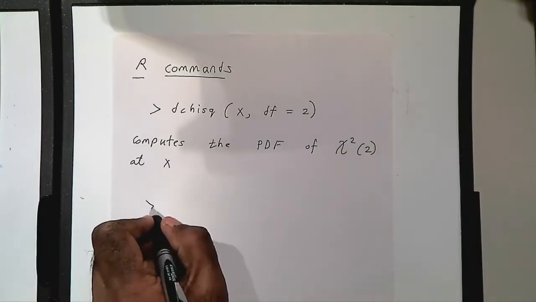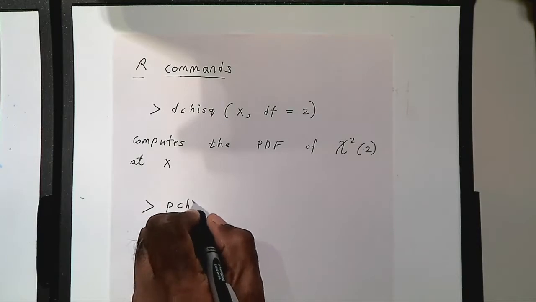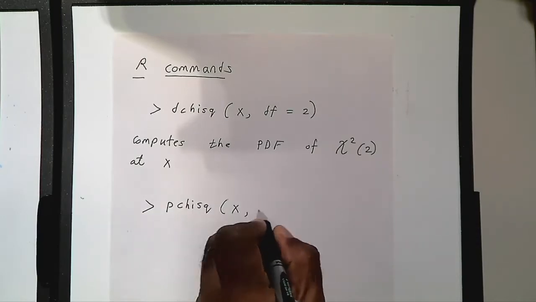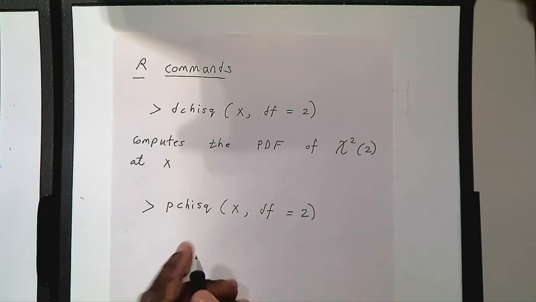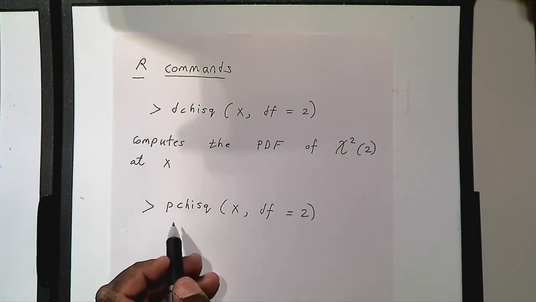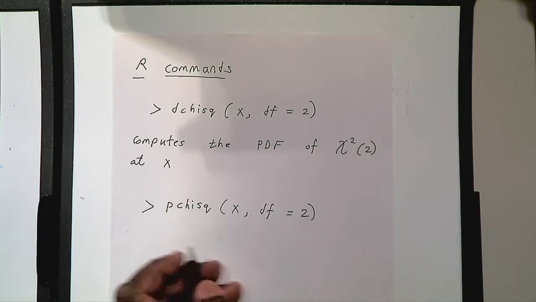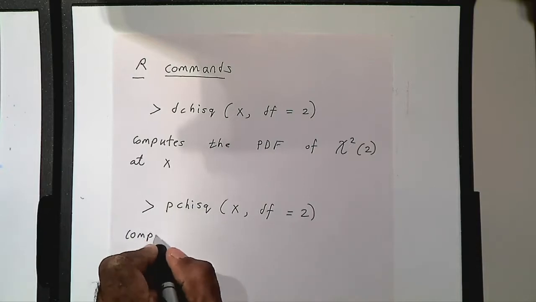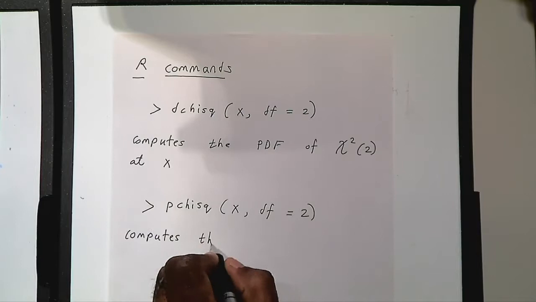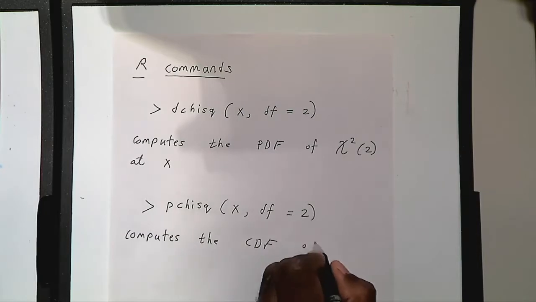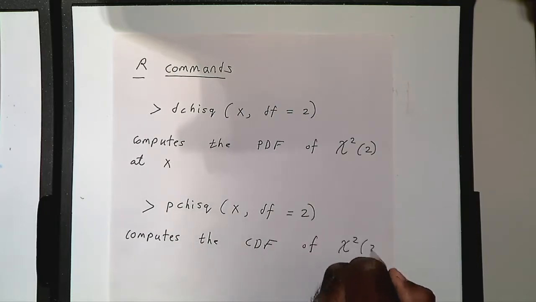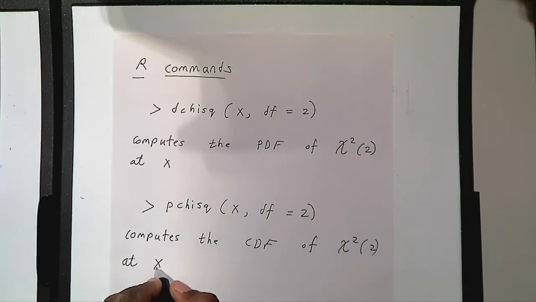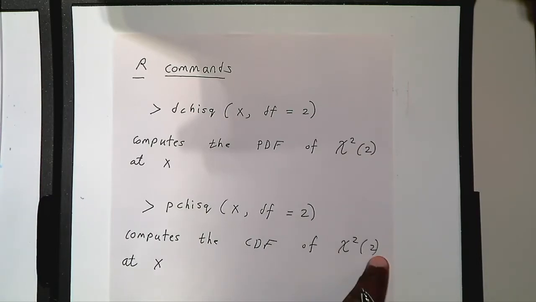This next command is the same, except it starts with p: pchisq. It computes the values of the CDF of this variable at a equal to 2 and at the values given by x.